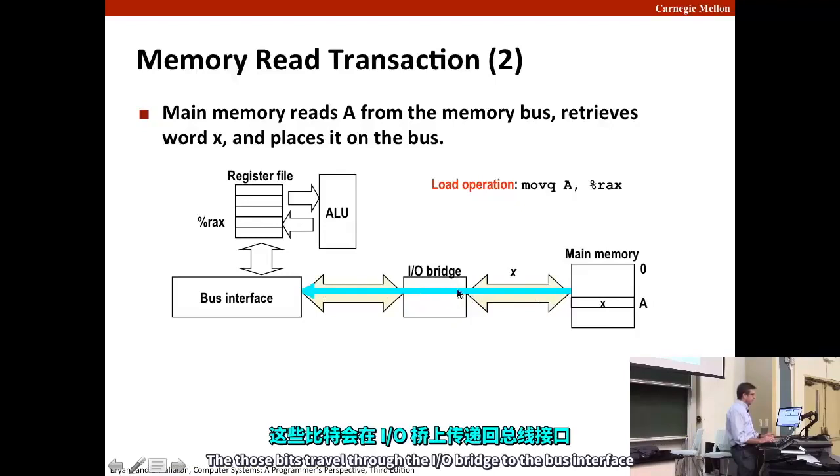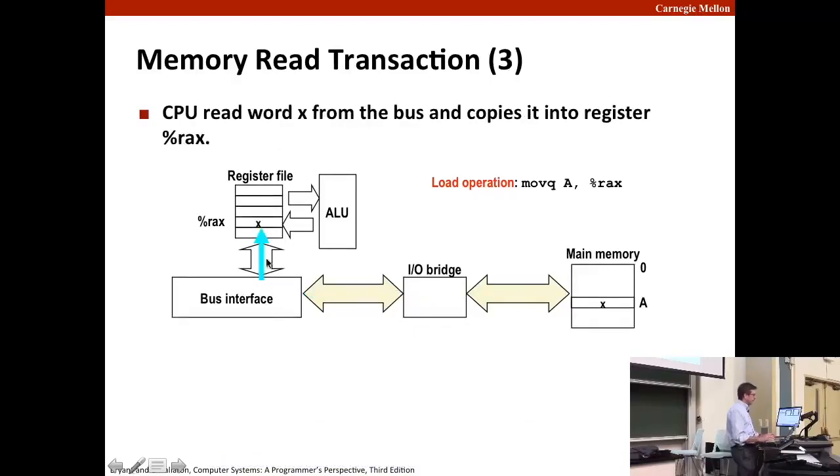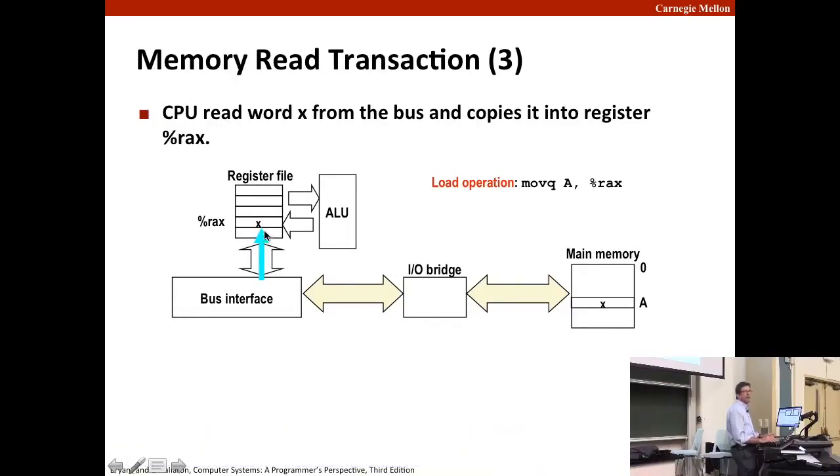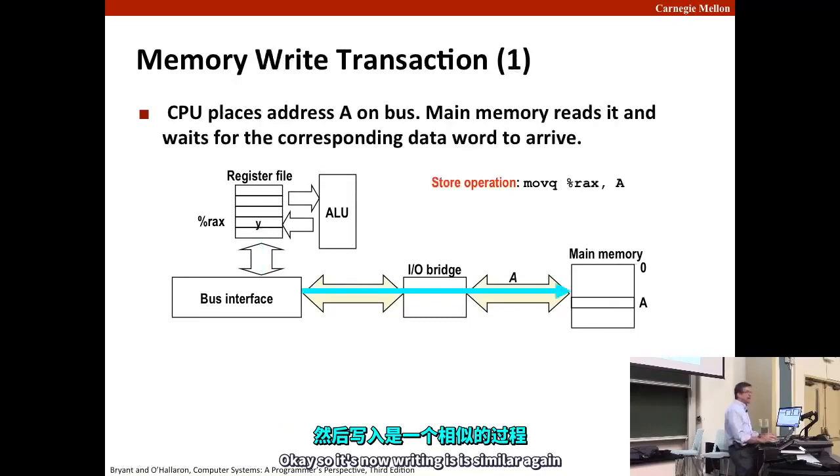Those bits travel through the I/O bridge to the bus interface. And then the CPU reads the data word X from the bus and then copies it into register RAX.